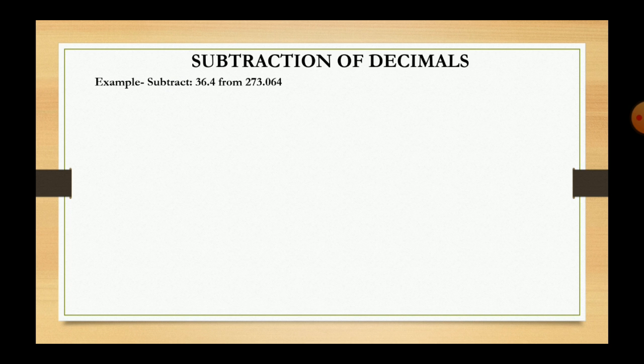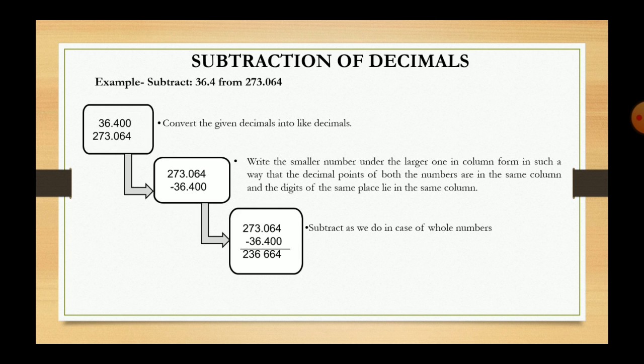It will become 36.400. So, the numbers are like this. So, the same steps are to be followed like we have followed in addition. Only and only one thing is to be remembered, that in subtraction, the number which is written after 'from' is to be written in order as first number, and the number which is written before 'from' will be written after the minus sign.